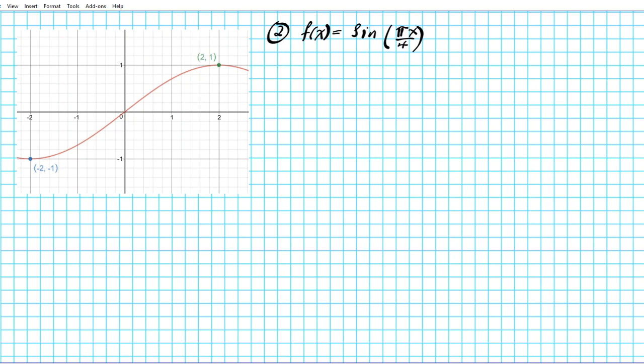In this particular case, we have two extrema here.